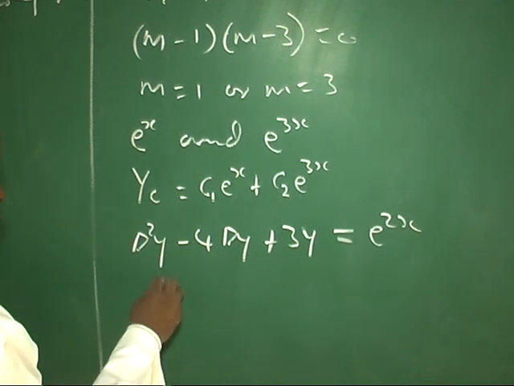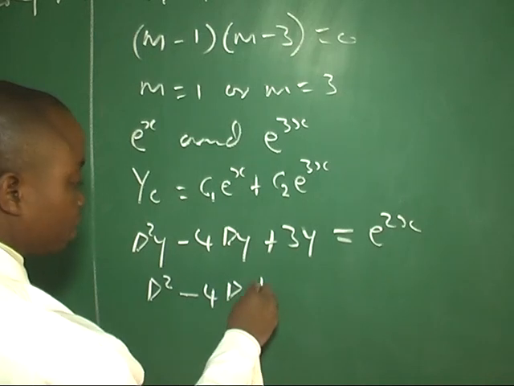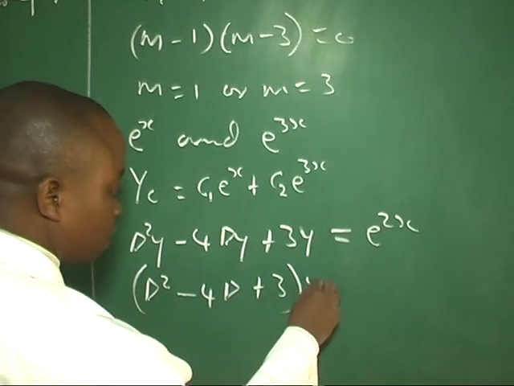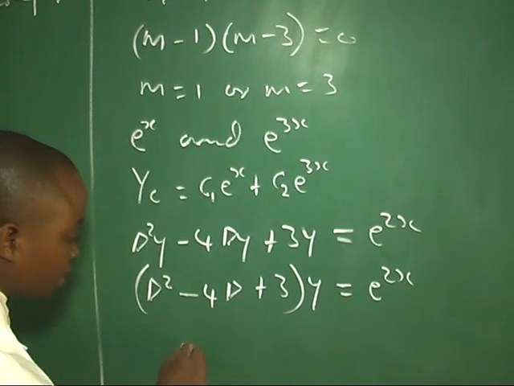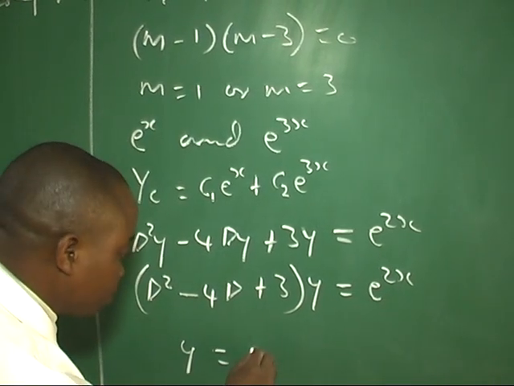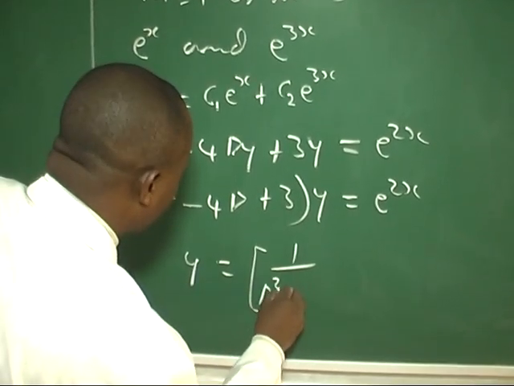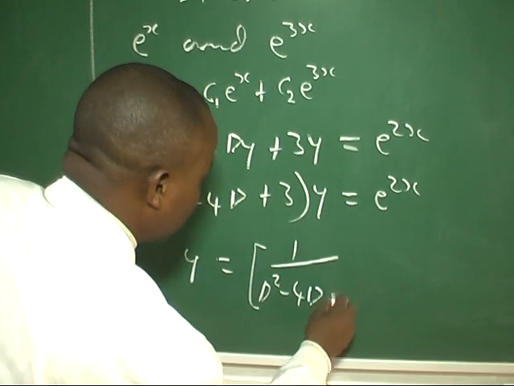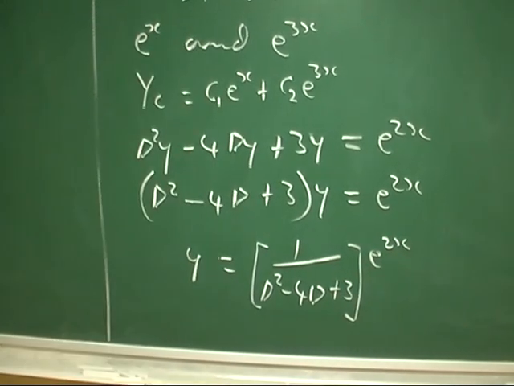So I can write this as (d squared minus 4d plus 3) y is equal to exponential 2x. So that y will be equal to 1 all over d squared minus 4d plus 3 of exponential 2x.